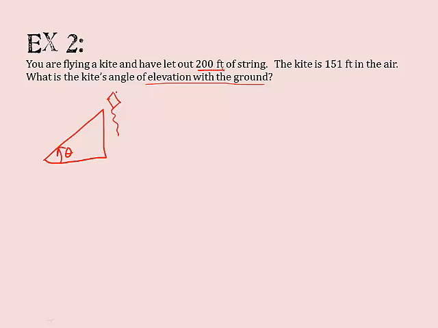So what does it say? 200 feet of string. This is the string. And we know it's 151 feet in the air. That's the drawing I'm looking for. Okay, you don't have to draw the kite, but the right triangle for sure. To find the angle, I need to know what ratios I need to use. Well, this is my opposite side. This is the hypotenuse. So remember SOHCAHTOA. Which one uses opposite and hypotenuse? Well, the sine does.